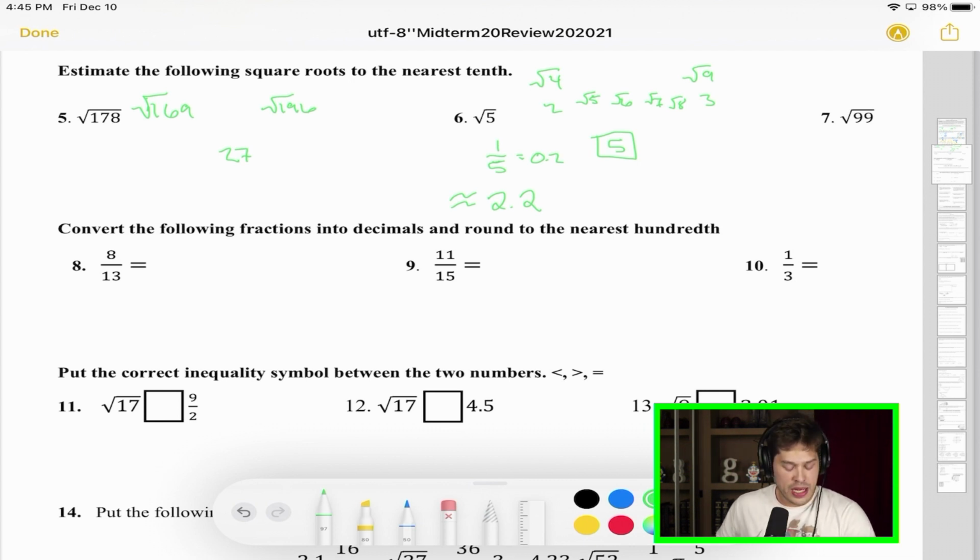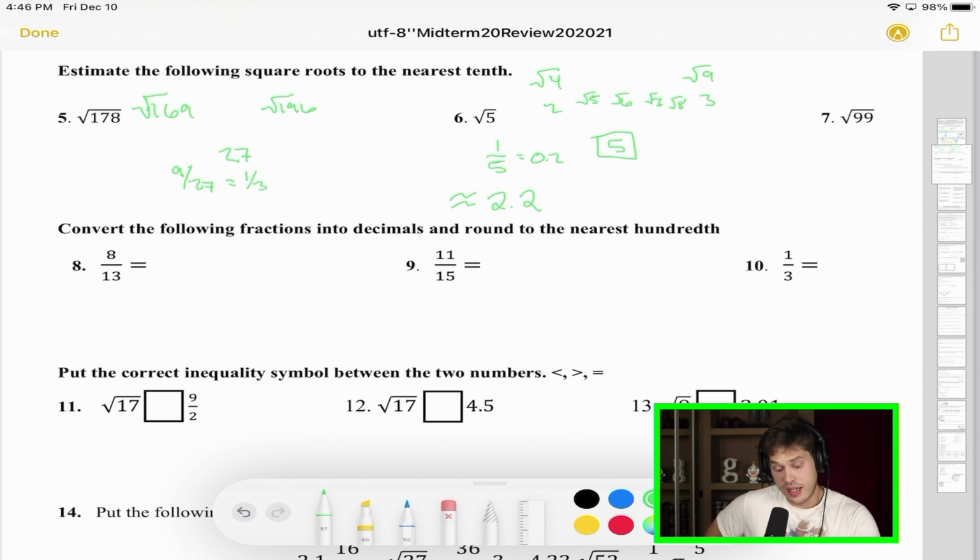So 178, that's 9 more. That's 9 away from 169. So that's 9/27 of the way to the next square root. 9/27 is 1/3.